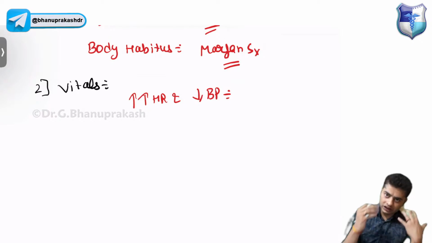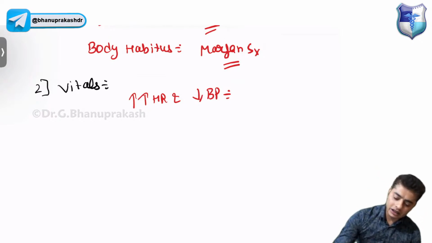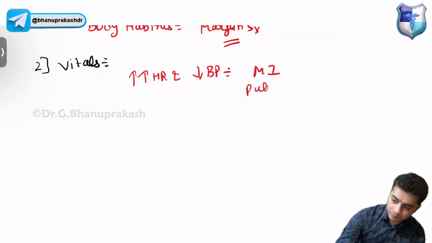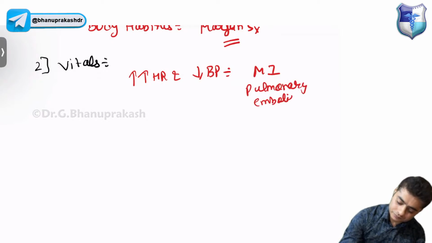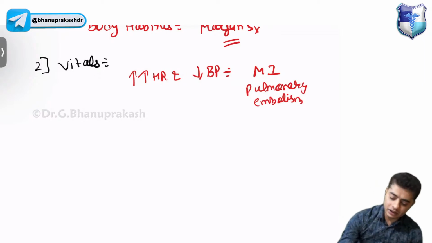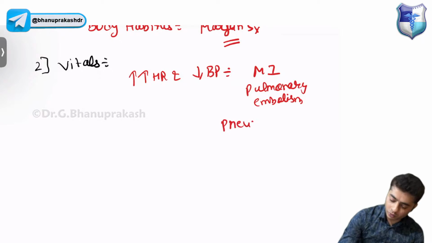And if the patient has chest pain and shock, it is cardiogenic shock. Which things can lead to cardiogenic shock? This is your MI, this is your pulmonary embolism. And also in pneumothorax, you can get systemic collapse of all the organs. So pneumothorax.